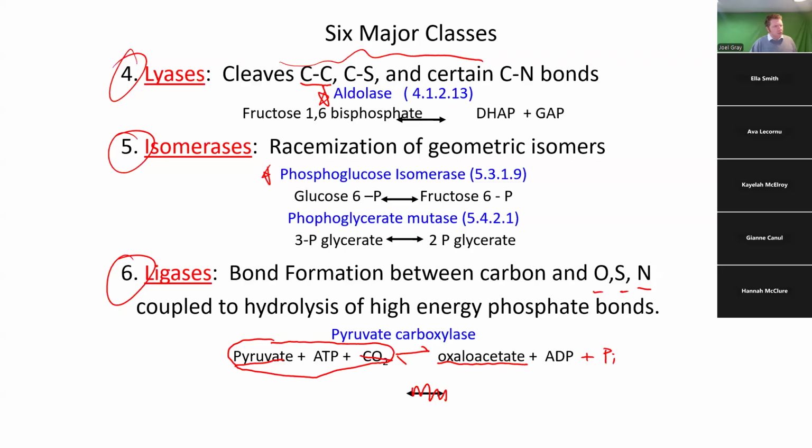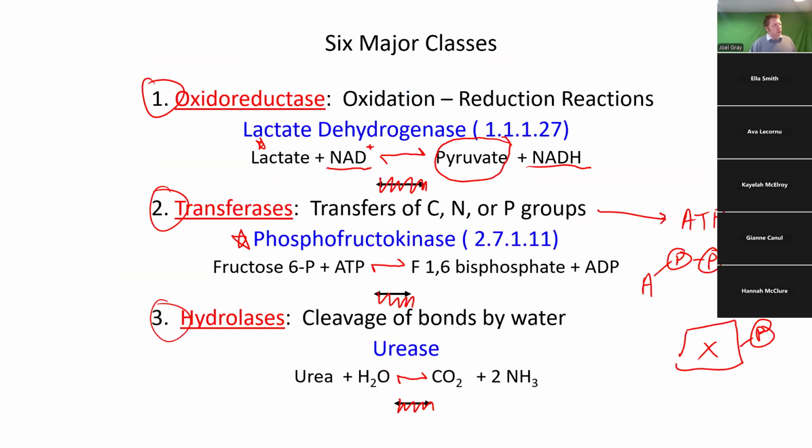Now, if we take a step back, well, a ligase does require ATP. So too does a transferase. The difference between them is, let's look at our reaction here. Fructose 6-phosphate plus ATP, and then fructose 1,6-bisphosphate plus ADP.